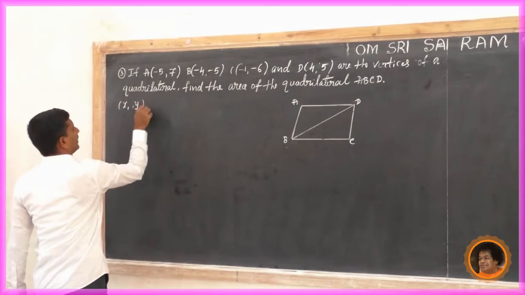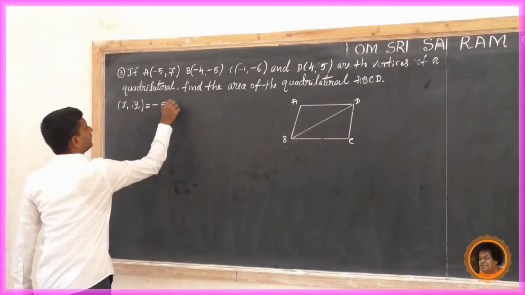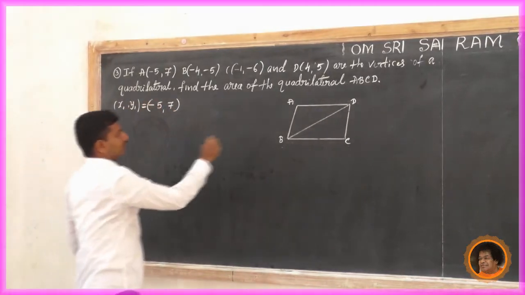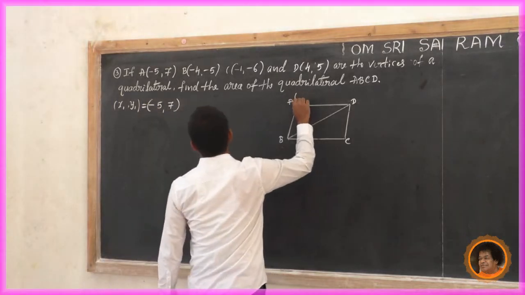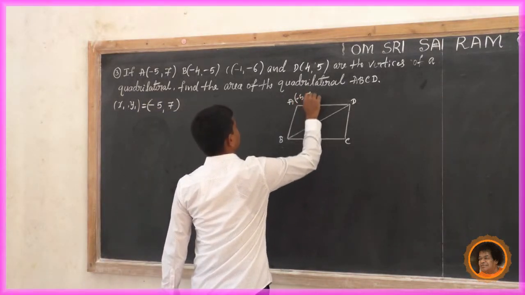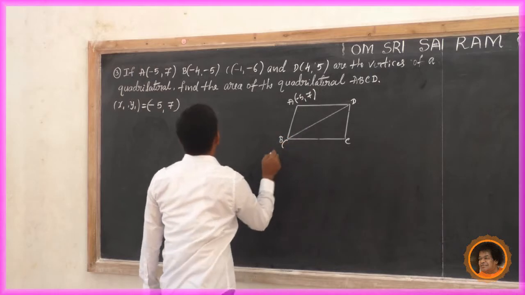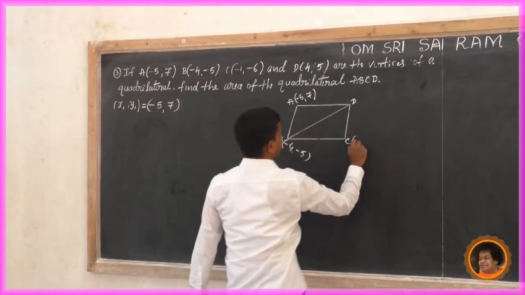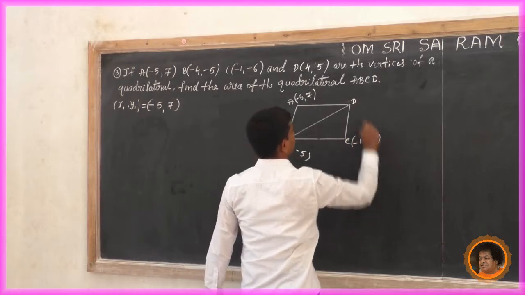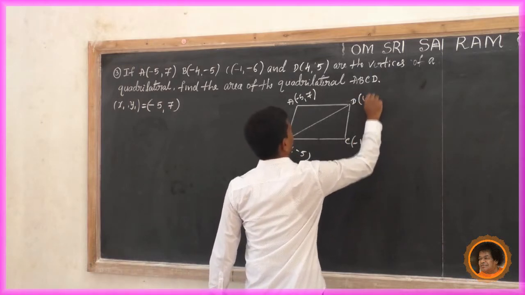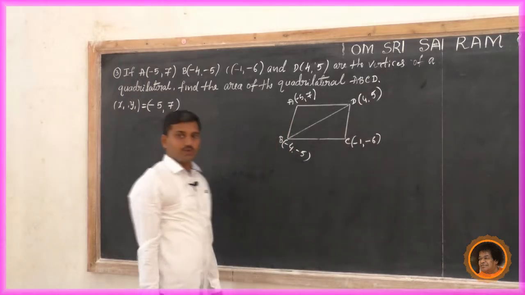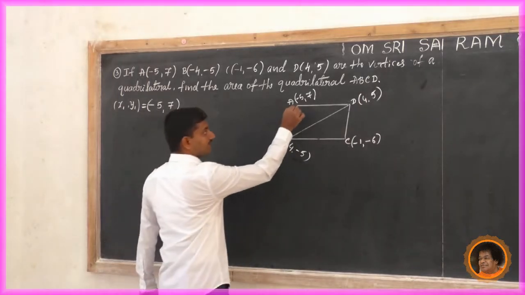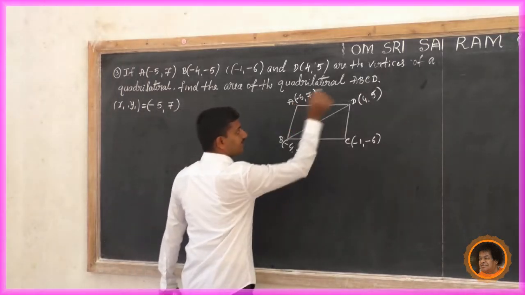X1 Y1, that is minus 5, 7. So the coordinates of the point A are minus 5, 7, and the coordinates of the point B are minus 4, minus 5, and point C is minus 1, minus 6, and D is 4, 5. So we have to find the area of the first triangle ABD.